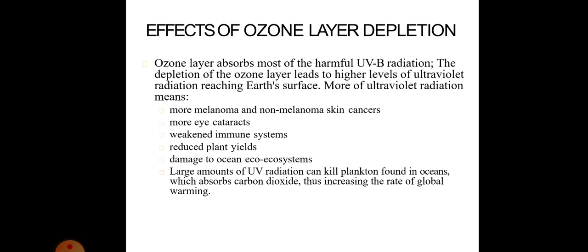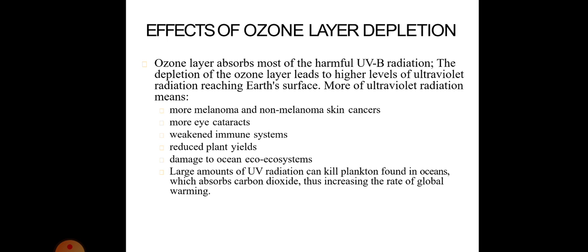Now coming to the effect on animals. Direct exposure to ultraviolet radiation leads to skin and eye cancer in animals. Then effects on the environment: strong ultraviolet rays may lead to minimal growth, flowering, and photosynthesis in plants, and the forests also have to bear the harmful effects of the ultraviolet rays.